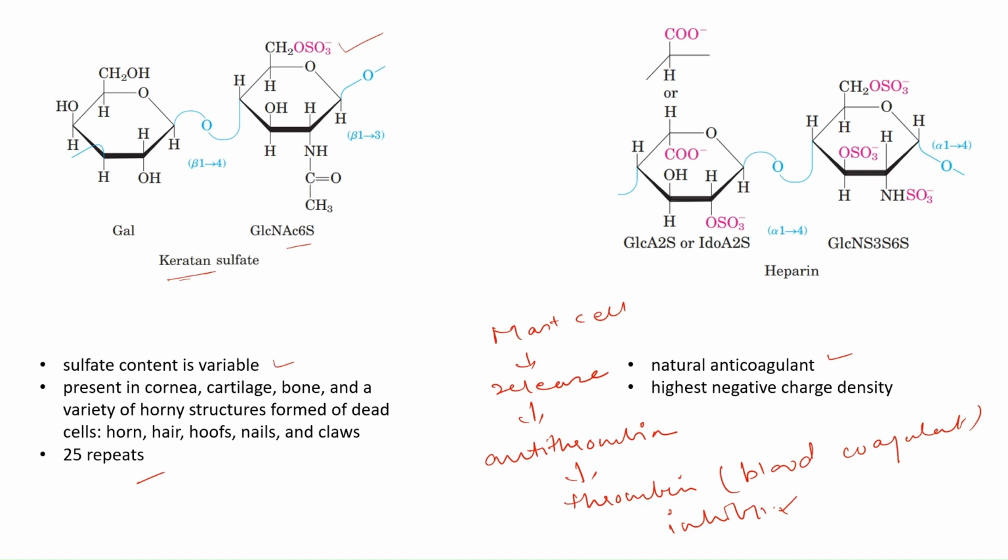So it helps to prevent blood clotting. It has a very high negative charge density. Among all the biomolecules found in a biological system, heparin has the highest negative charge density. So these are a few examples of heteropolysaccharides or glycosaminoglycans that function as an extracellular support for our body.